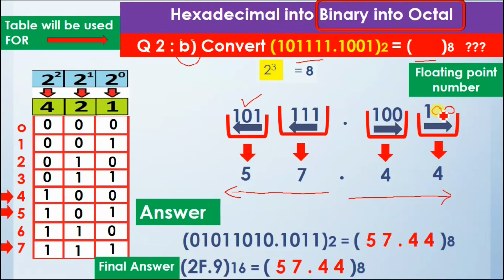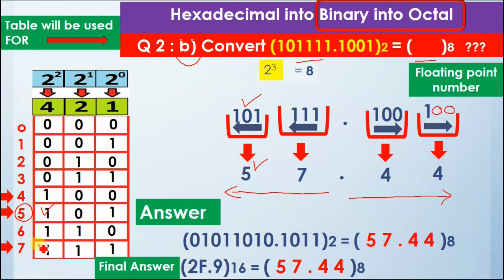Alright. So now we have completed the groups, and we will look at the table and find out their octal equivalent. First of all, we have 101. Where is 101 in the table? Here is 101 and it's equal to 5, so we write 5 here. Next we have 111.